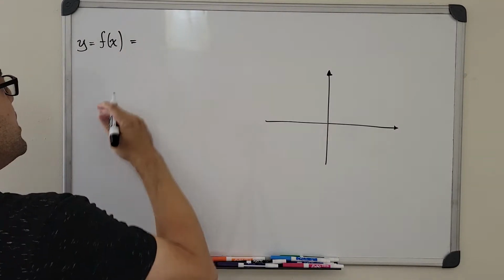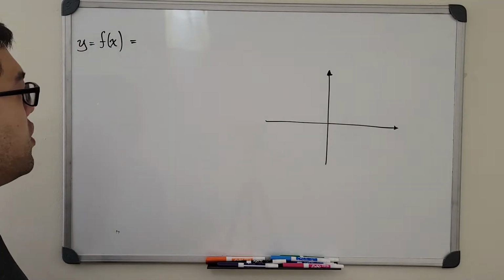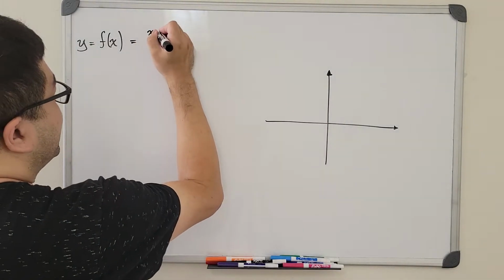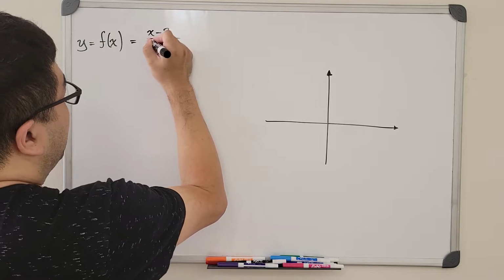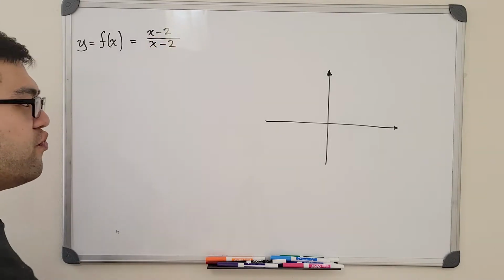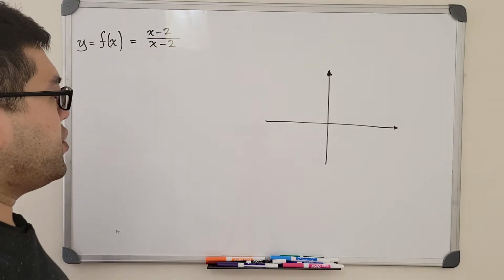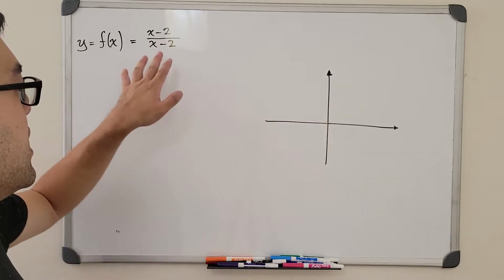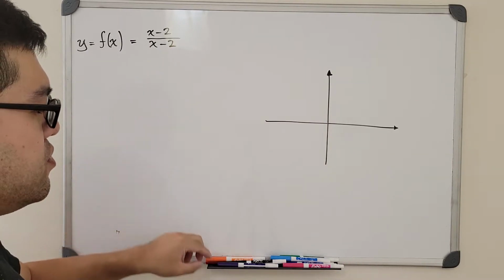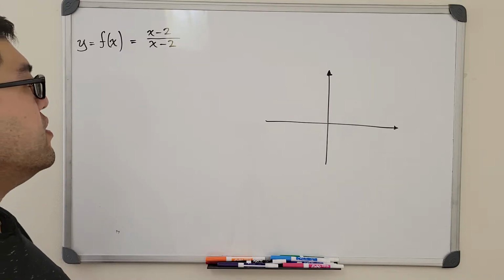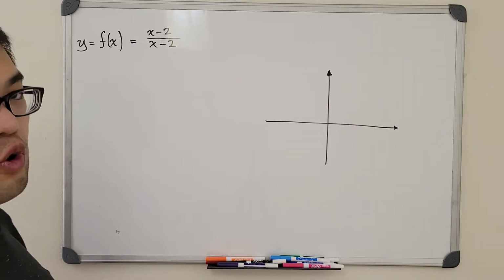And instead of looking at the whole expression, let's take a look at this expression here: x minus 2 over x minus 2. So, of course, we know that when x is exactly equal to 2, there's no value because we get 0 over 0.